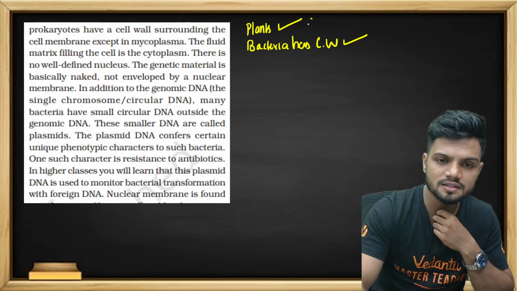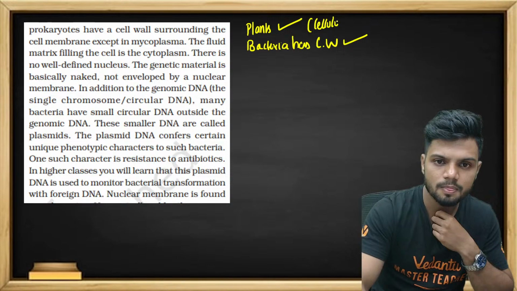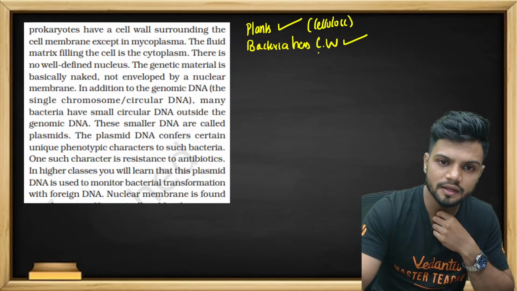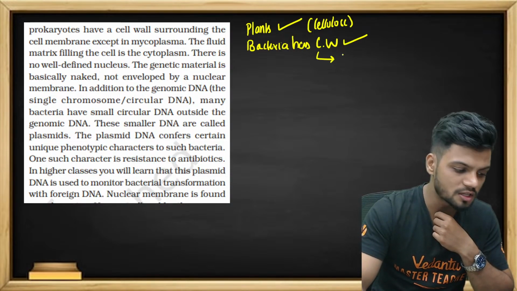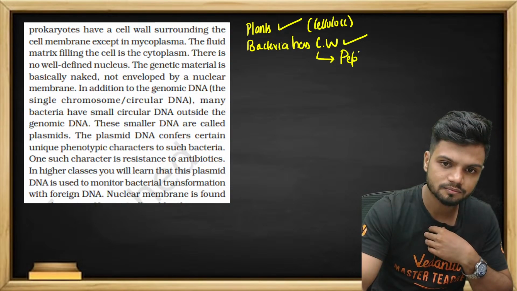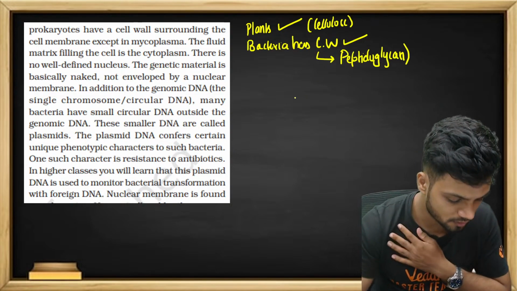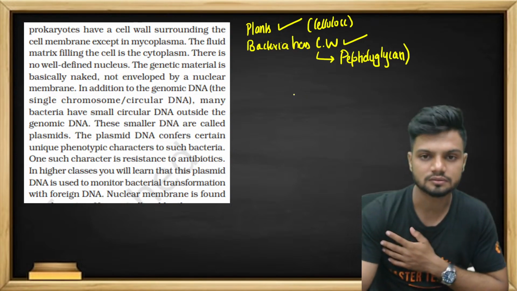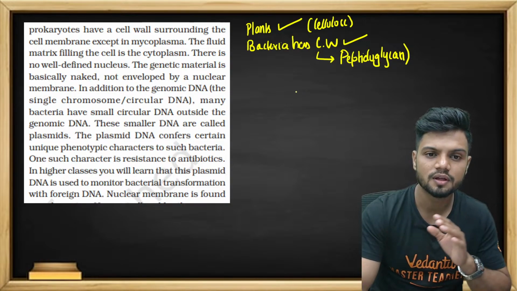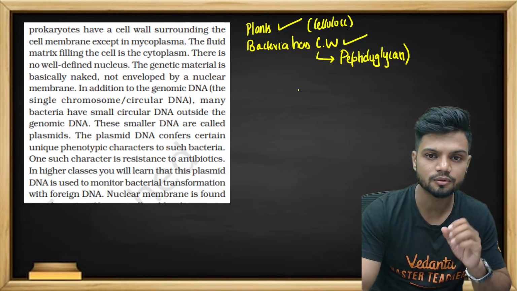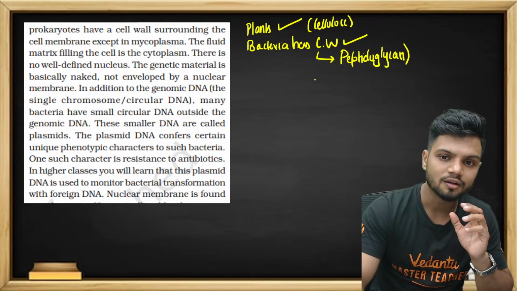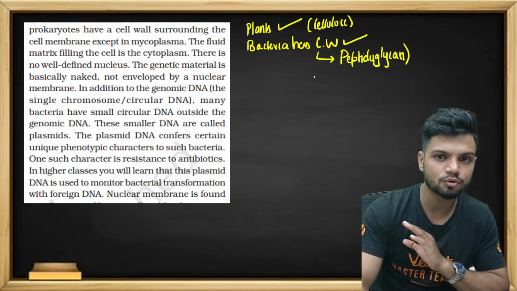In the case of plants, the cell wall is made up of cellulose. In the case of bacteria, the cell wall is made up of peptidoglycan, except mycoplasma. Mycoplasma do not have any peptidoglycan.